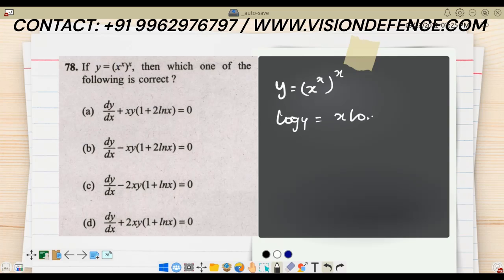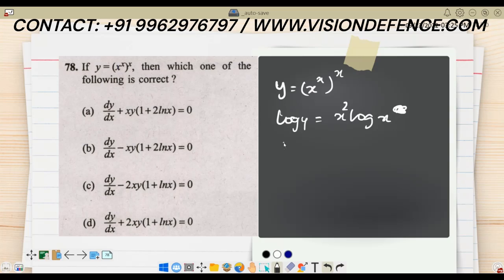So take log y equal to x into log of x power x, right? Again, this x can be brought to the front. So x into x is going to be x square. So write it as x square. Remove this x. So log y is equal to x square log x.